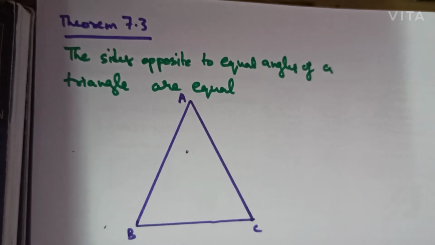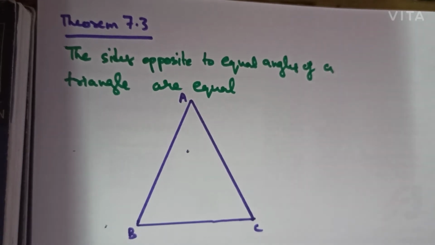So theorem 7.3 is just the converse of theorem 7.2. In 7.2 we said that the angles opposite to equal sides are equal. Here we are saying that the sides opposite to the equal angles of a triangle are equal.